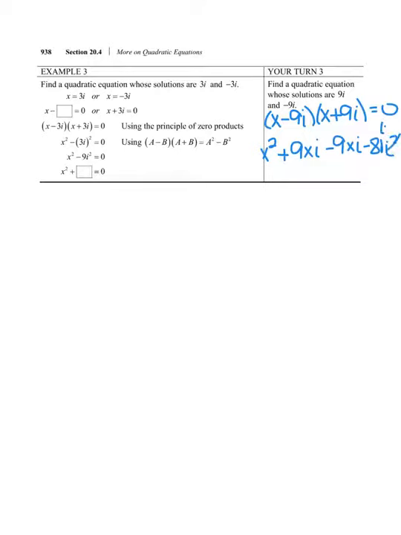Remember, i squared is negative 1. So 9xi minus 9xi cancels, so x squared, and then negative 81 times negative 1 is positive 81. So x squared plus 81 equals 0.